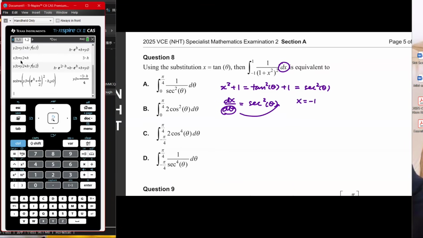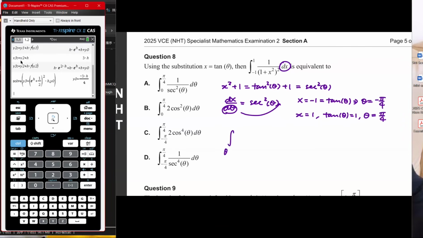Also, if x equals minus 1, that equals tangent theta. I'll actually get theta equals minus pi on 4. If x is 1, tangent theta equals 1, and theta should be pi on 4. So the integral will be theta equals minus pi on 4 to theta equals pi on 4, 1 over secant squared theta, whole thing squared, times secant squared theta d theta.